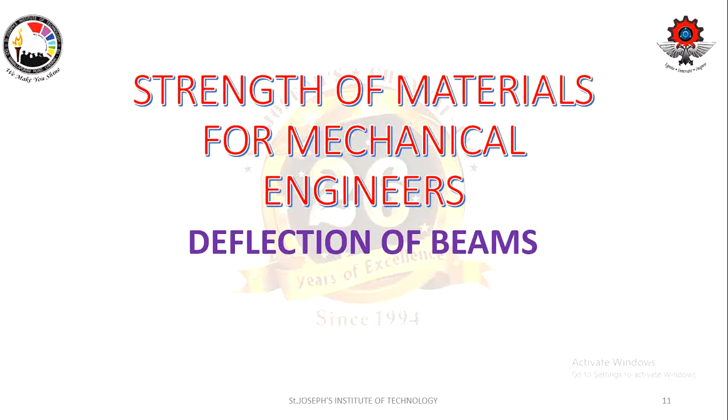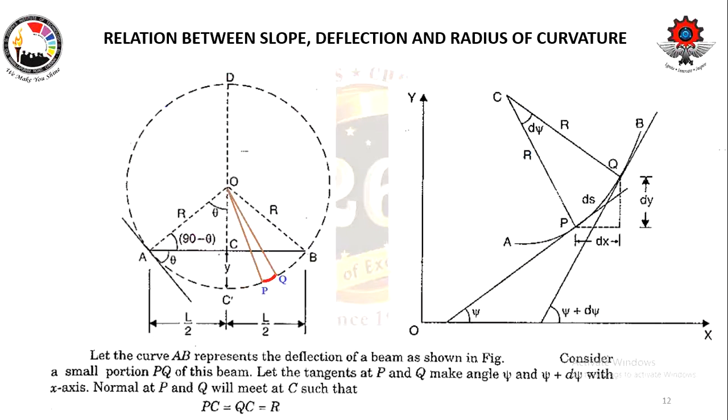I'm happy to have you all again in a new video edition under the topic deflection of beams. This is a continuation of the previous video where I told you that I will be putting a video on the derivation of this Euler's equation.